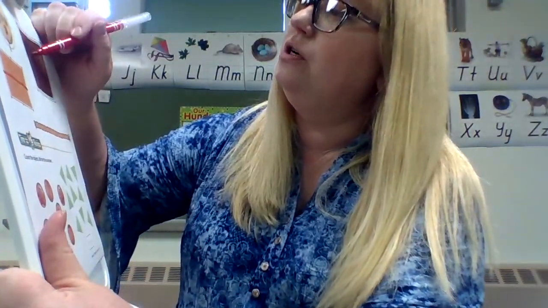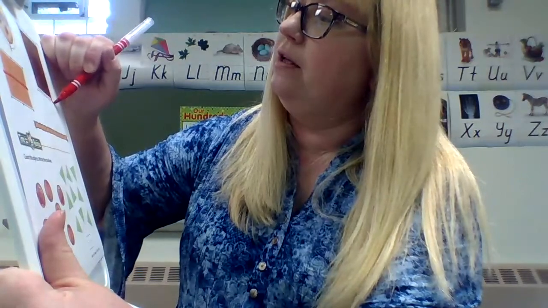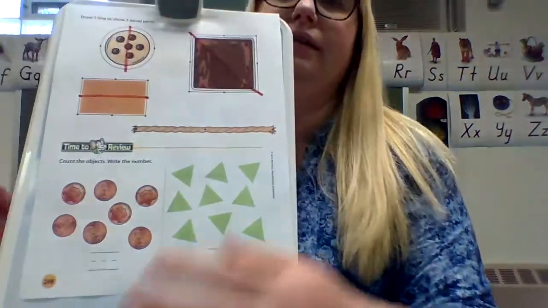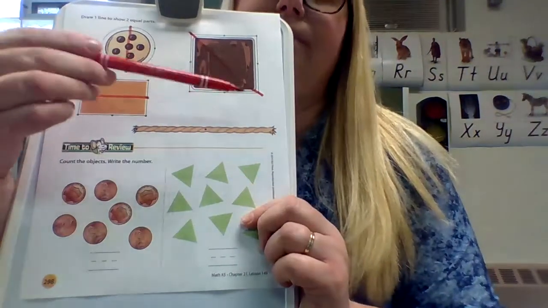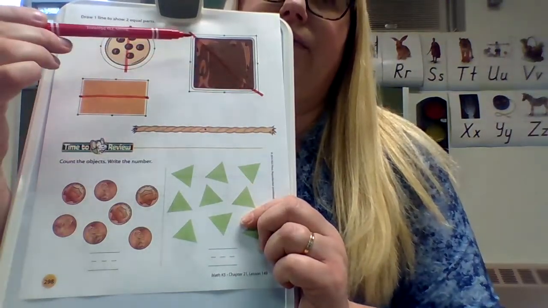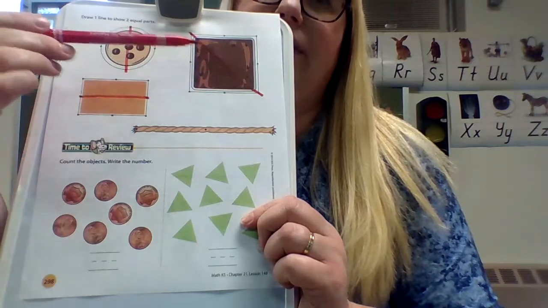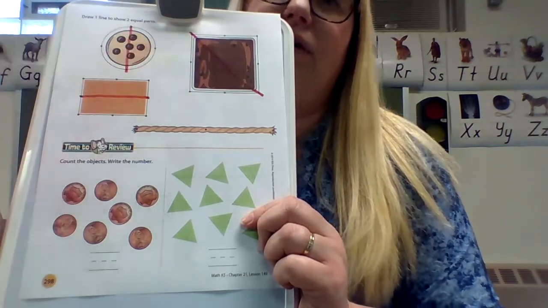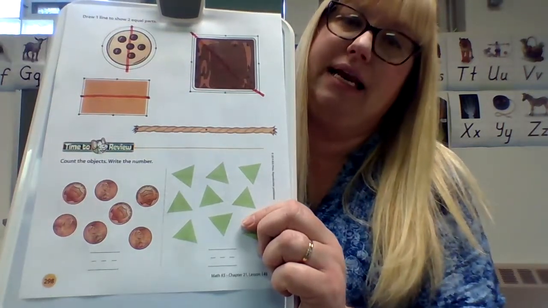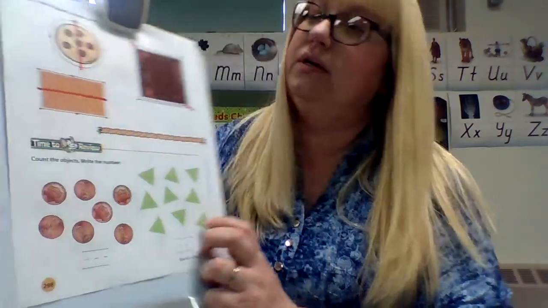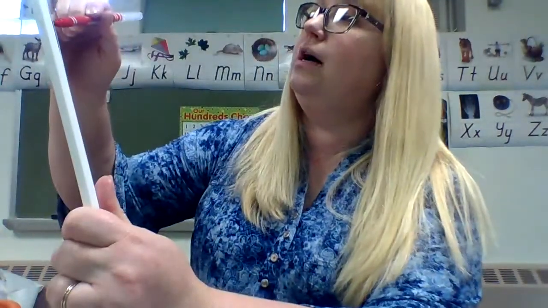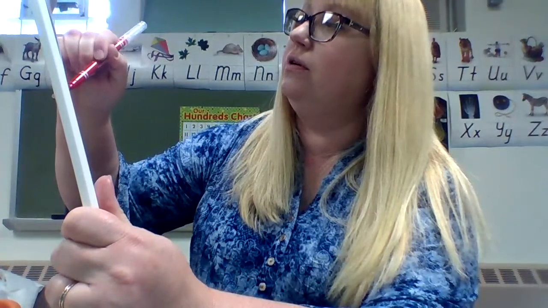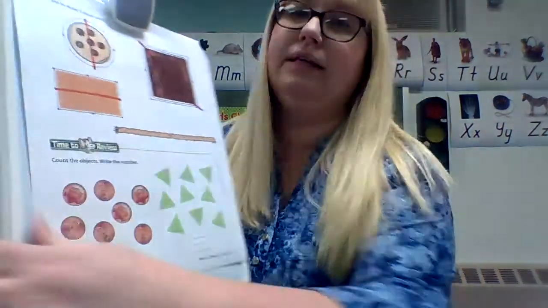Make 2 triangles out of this. You see how I did that? Mine got a little bit bent there. I can see now. One corner to the other. Let's make a diagonal line. Make two triangles.